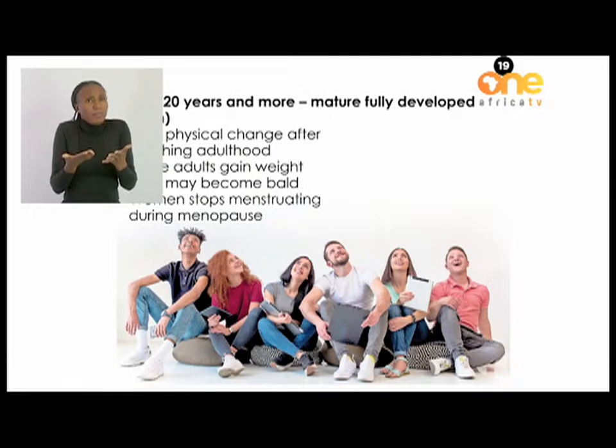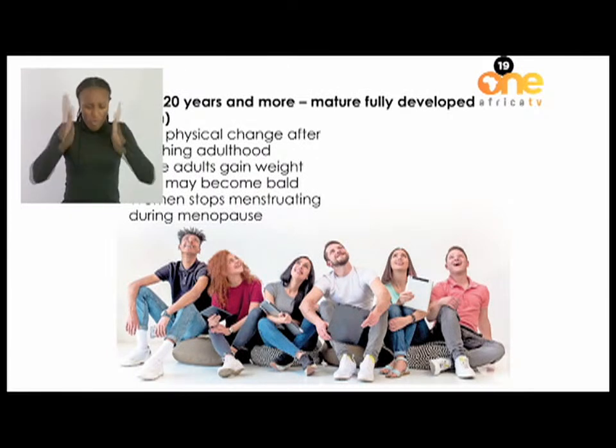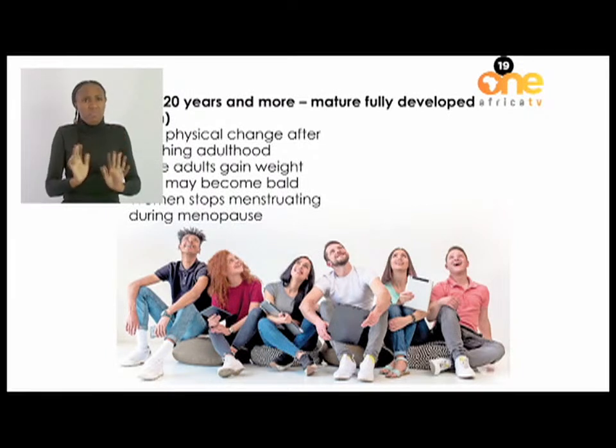There are little physical changes after reaching adulthood, okay? So when a person is an adult, the changes are hardly seen because they happen at a very low pace. They don't grow fast anymore like the young ones. Some adults gain weight.